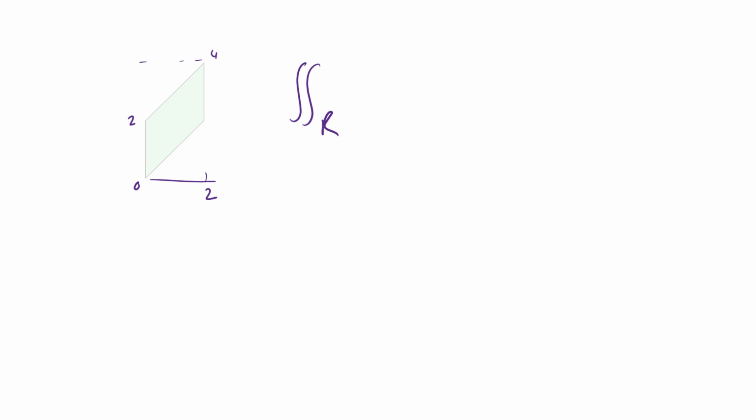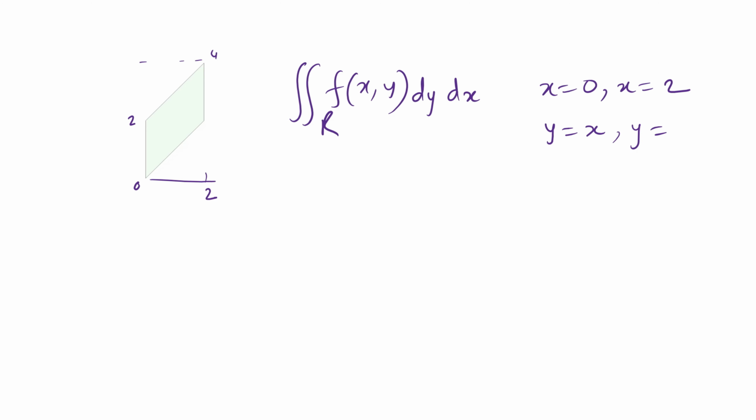So we have region R, and we have f of x comma y dy dx, and the bounded region is x equal to 0, x equal to 2, and we have y equal to x and y equal to x plus 2.